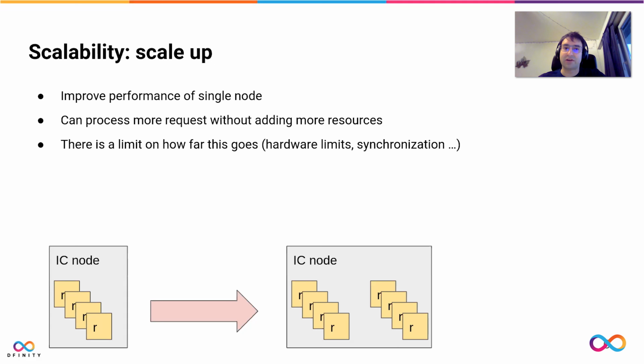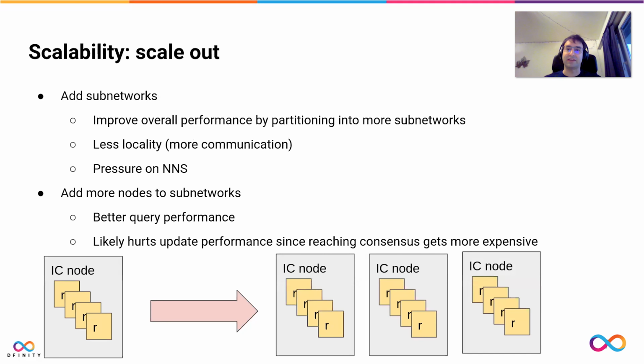So this is why we can also scale out. And that works by adding more resources into the system. And the way we can do this with the internet computer is we can add new subnetworks. That's really nice because the IC is already partitioned into subnetworks, and these subnetworks are relatively independent. So adding more is a relatively simple operation for us. The problem with that is that there might be less locality in the system.